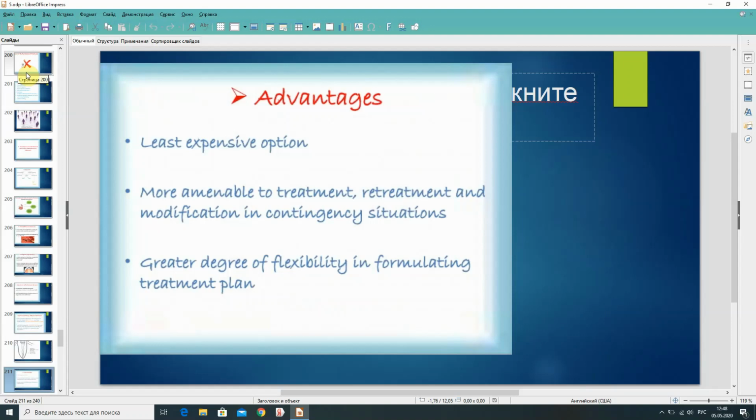Advantages: least expensive option, more amenable to treatment, retreatment and modification in continually changing situations, greater degree of flexibility in formulating the treatment plan.